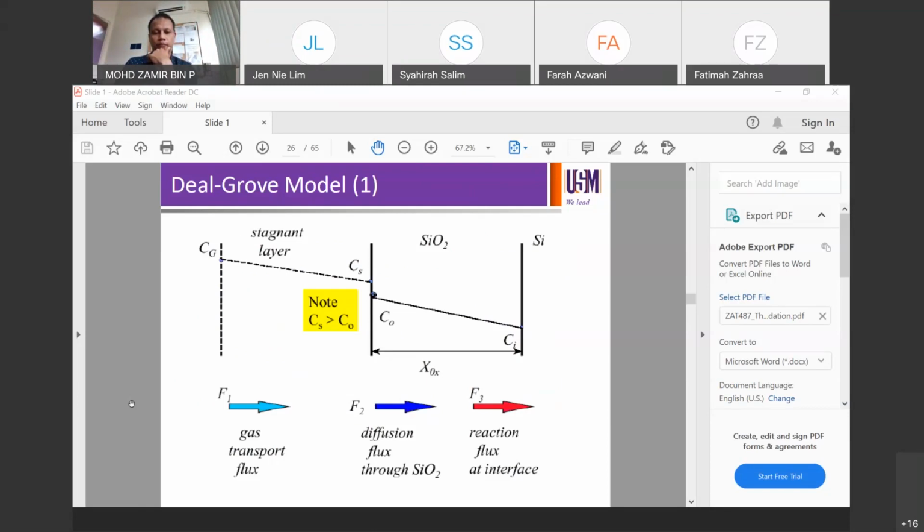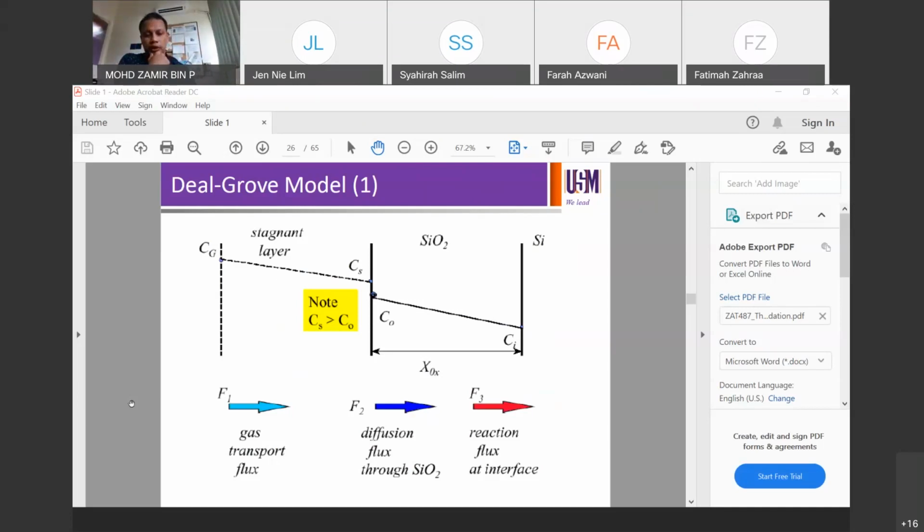So the first one is the flux F1, which is due to the gas transport. So assuming your process uses dry ox or dry oxygen, you're going to have your oxygen atoms from the gas as your transport flux. Okay, that will be your F1. So your F2 will be the diffusion flux through SiO2 as the silicon grows.